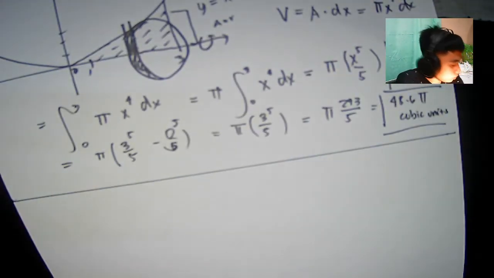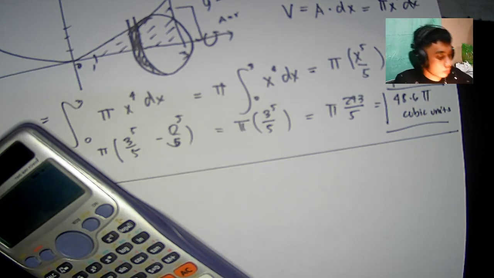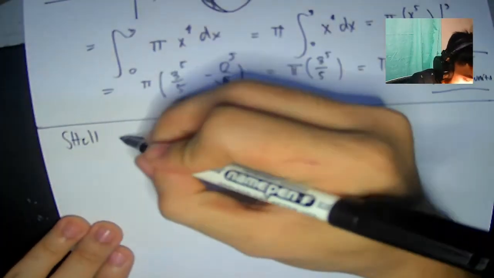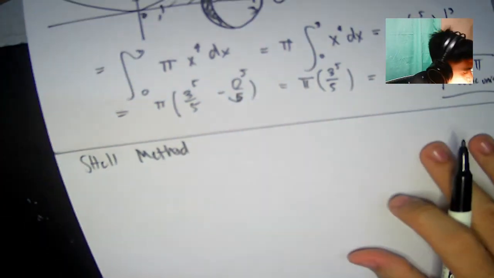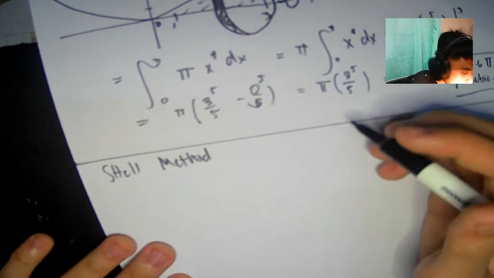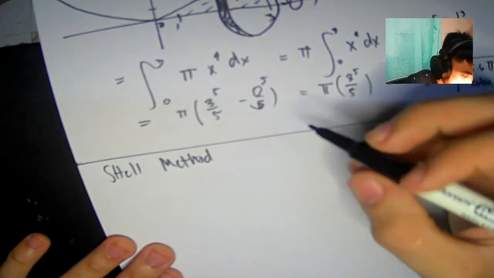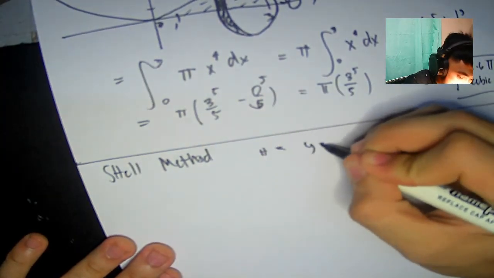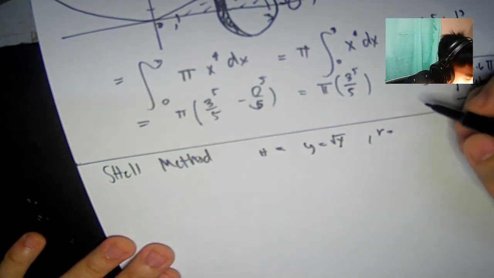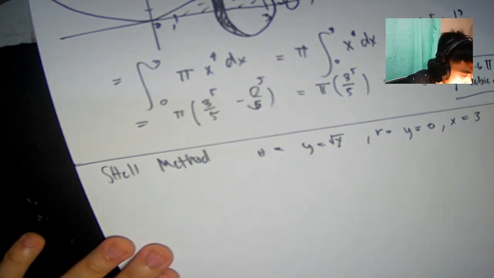Next, example for the shell method. We have given the problem: the height is y equals the square root of x, the range is y equals 0 and x equals 3.